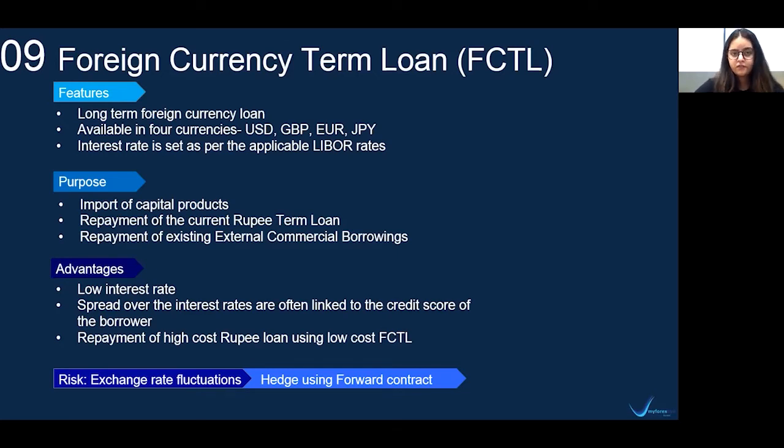Another advantage of foreign currency term loan is that it can be used for repayment of high cost rupee loan using low cost foreign currency term loan. There is one risk while availing foreign currency term loan, which is exchange rate fluctuation. But exchange rate fluctuations can be hedged using forward contracts.